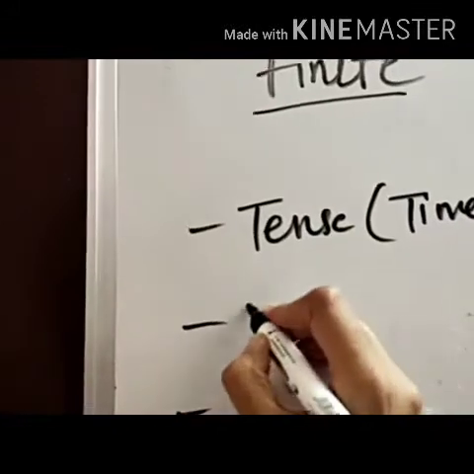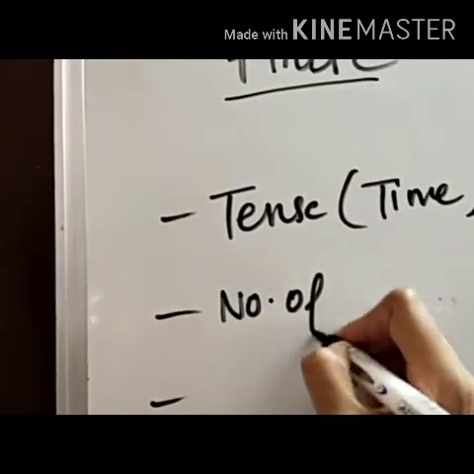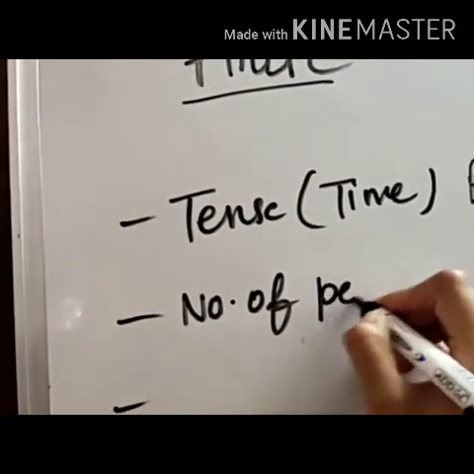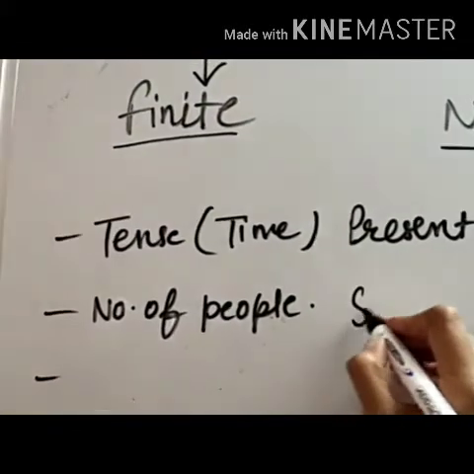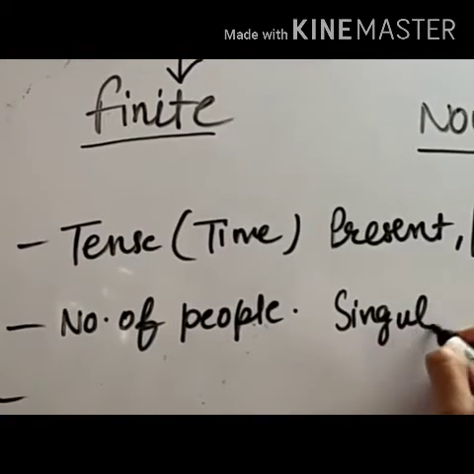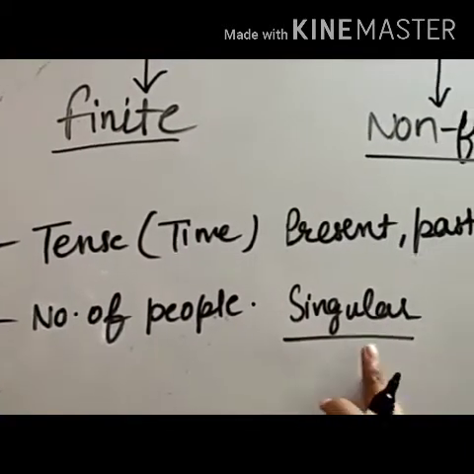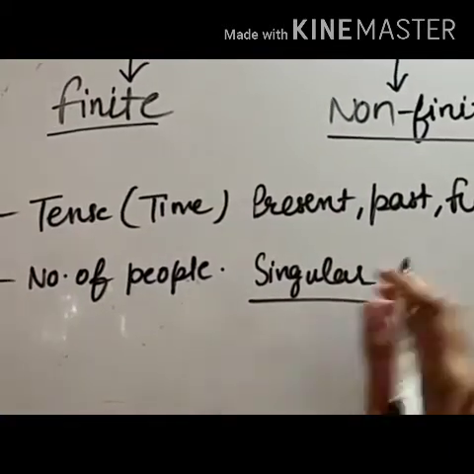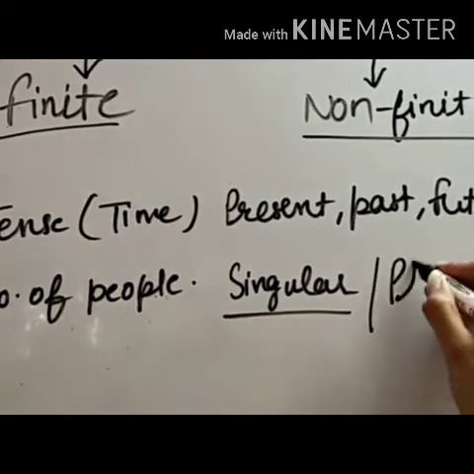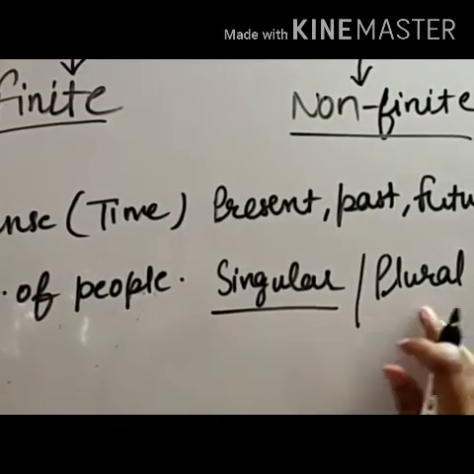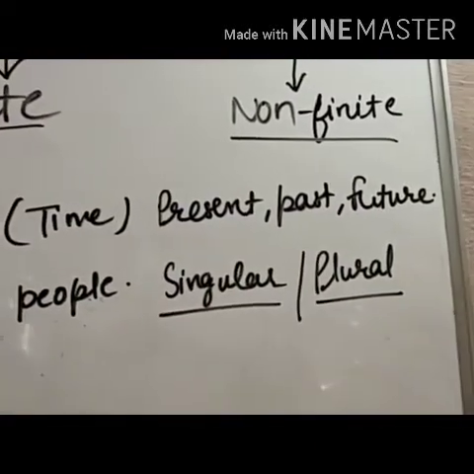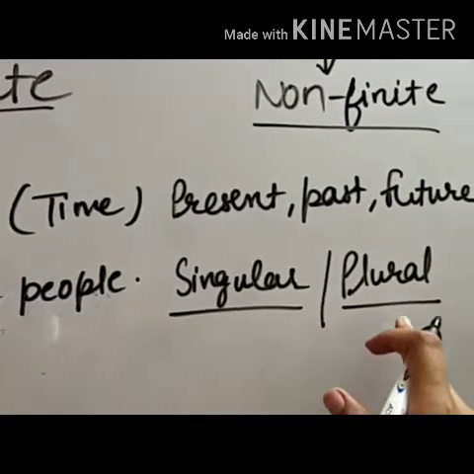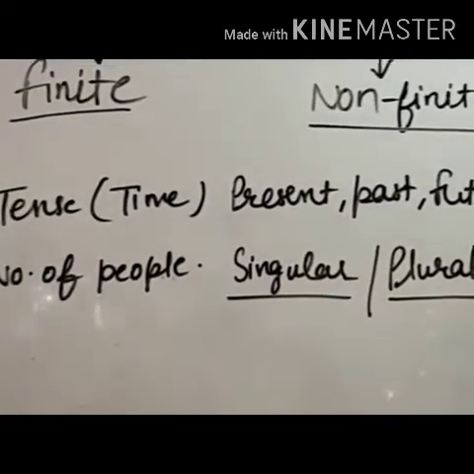Second is number of people in the sentence. When you are talking about a singular person, then the verb will change according to that singular person. When you are talking about a plural subject, then you have to change the verb according to that also.